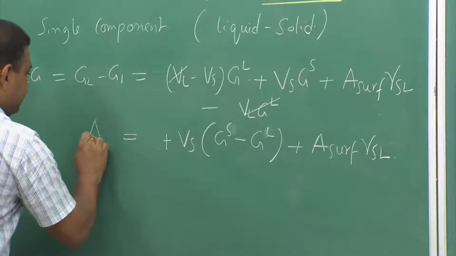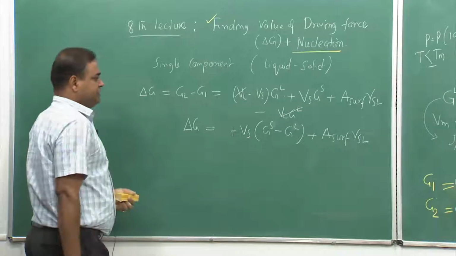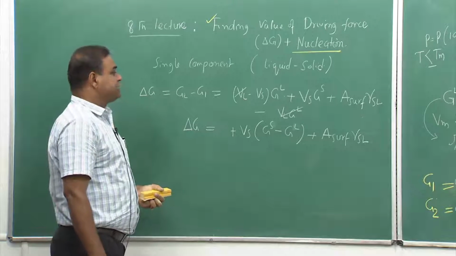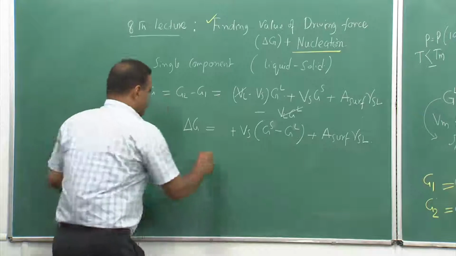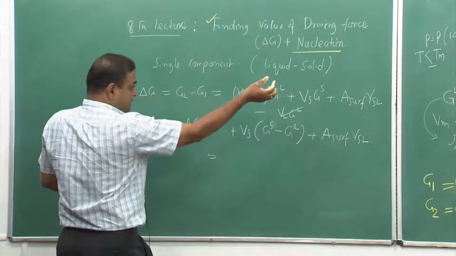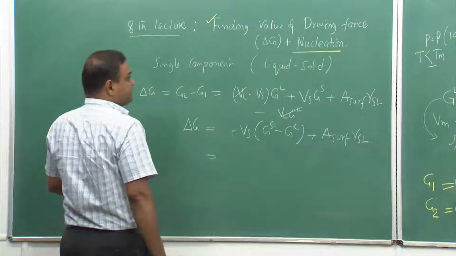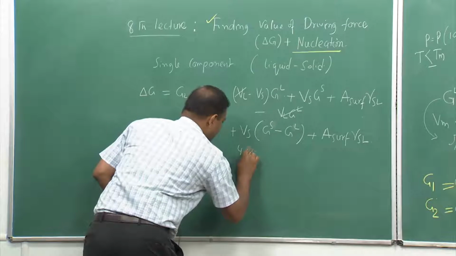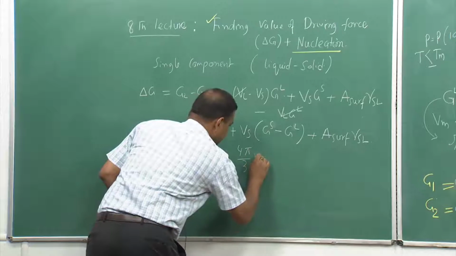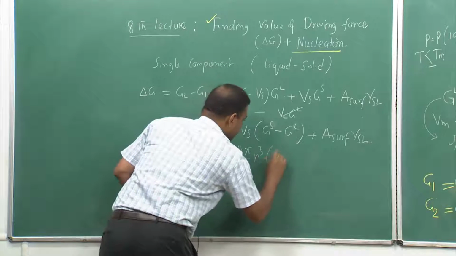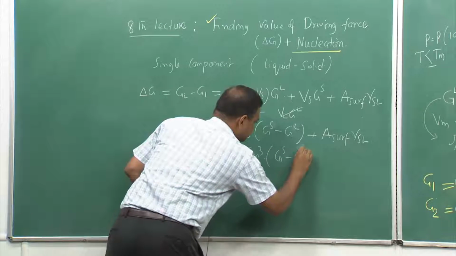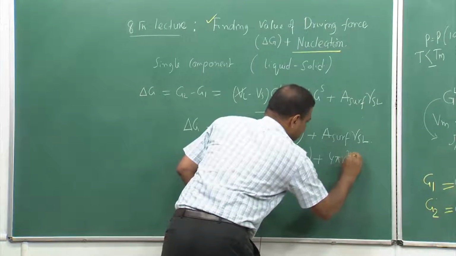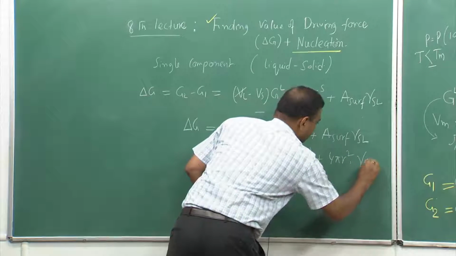So, this is del G of this. So, now this is a very, very important expression. Now, if we consider a spherical solid forming in the liquid, this would be 4 pi by 3 R cube Gs minus GL plus 4 pi R square gamma SL.